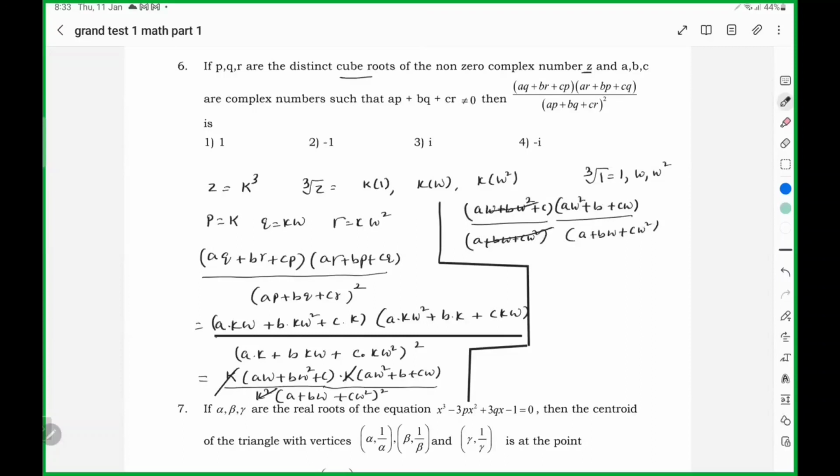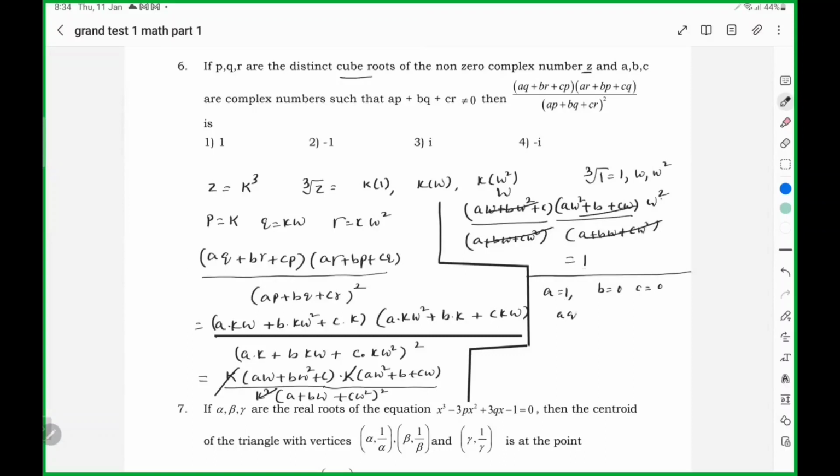If I multiply this by omega, I get the numerator. This omega square times omega cube gives 1 omega square. You get 1. The same problem, whenever he generalizes, take a as 1, b 0, c 0. There is another way of answering.